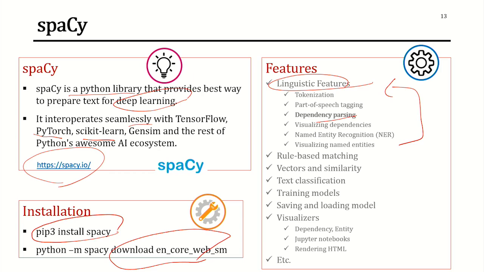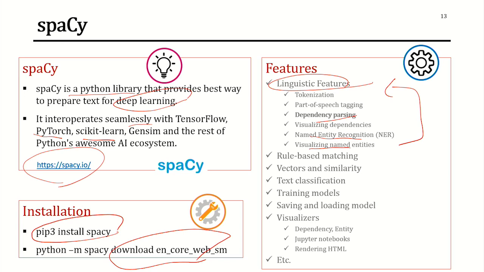For example, there is a relation between the verb and the objects in a sentence. We can also do named entity recognition, as well as visualize the named entities in a sentence. We can graphically plot and visually see the named entities in a piece of text.